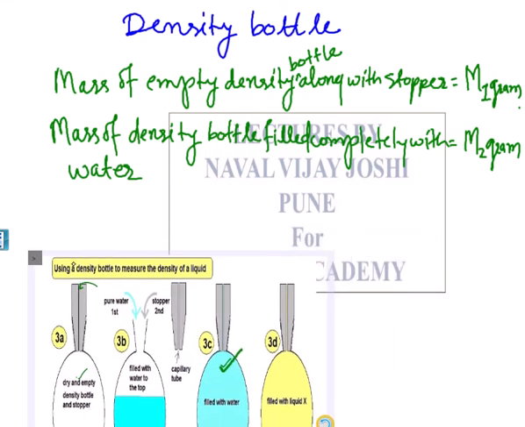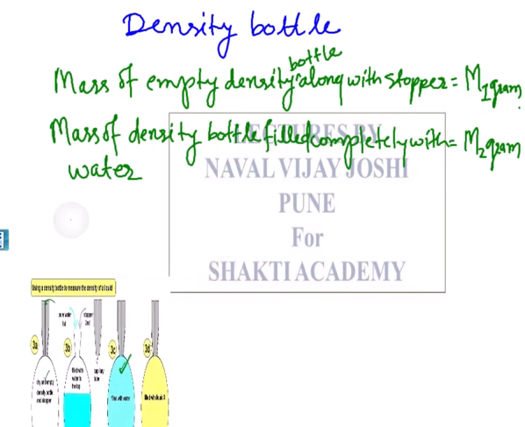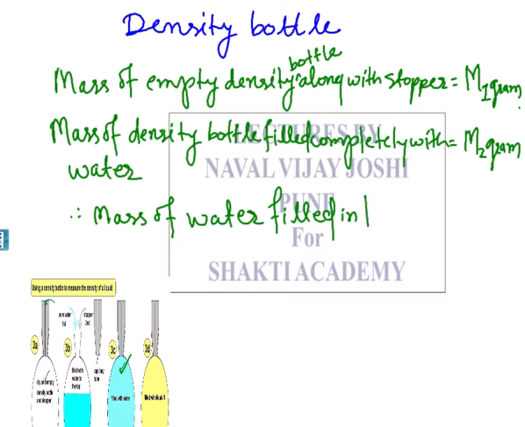Therefore, the mass of water filled in the bottle is, obviously, m2 minus m1 gram, g for gram, I wrote here.